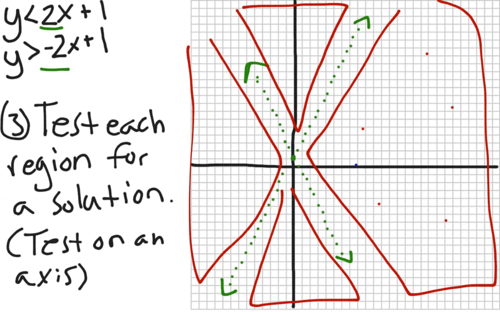Now you're thinking, okay, I've got to test. Which equation am I supposed to use? Which inequality should you use? You have 2 of them. Which one? Well, it goes back to our definition for a system of inequalities, where both inequalities are solved simultaneously. So you have to test both inequalities, and they both need to be true at the same time in order for the point to be a solution.